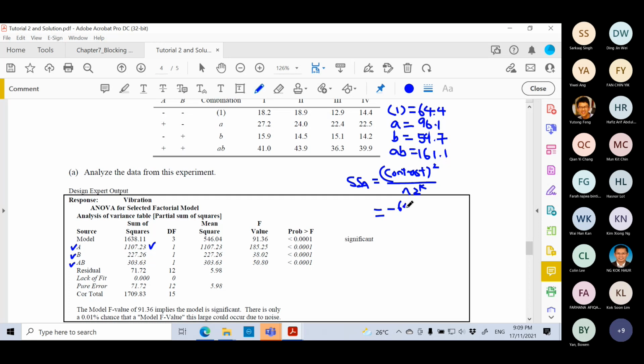So you have a minus 64.4 plus 96.1. This one, 2, 3.